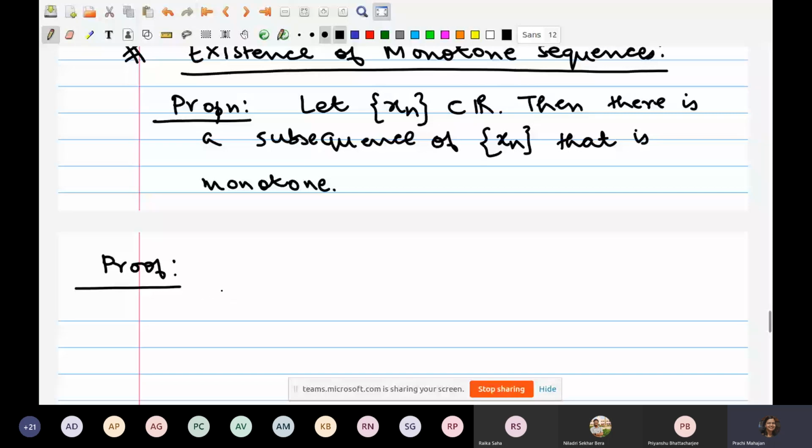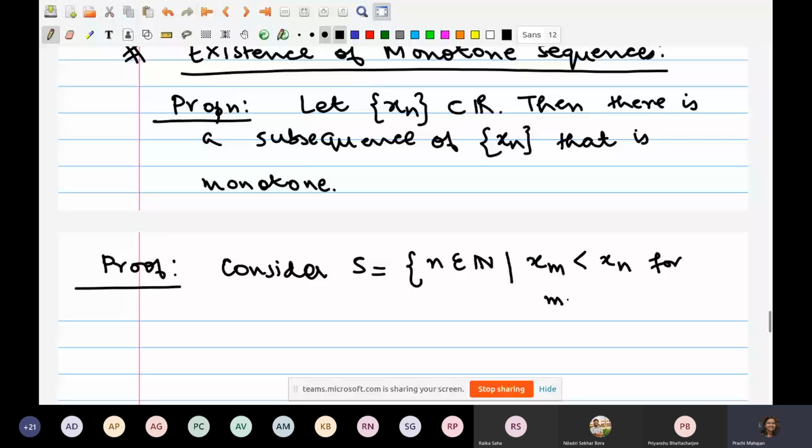I have to construct a monotone subsequence. So let's look at the following set. I'm going to consider all indices n such that the mth term xm is strictly less than xn for m bigger than n.